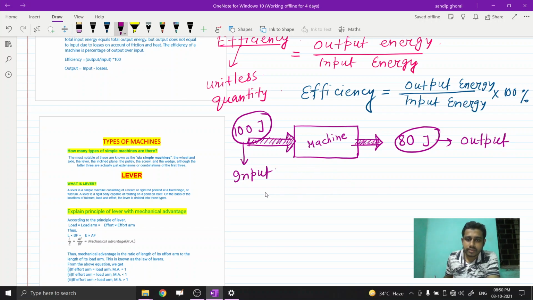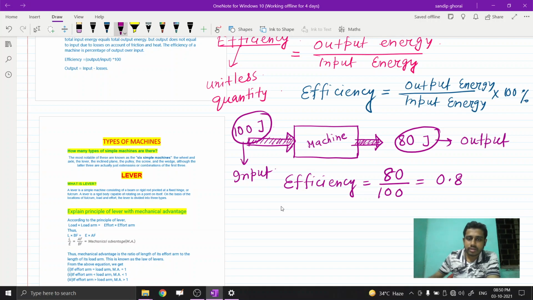So what is the efficiency of that machine? Efficiency is equal to output energy 80 divided by input energy 100. That means we can say 0.8.